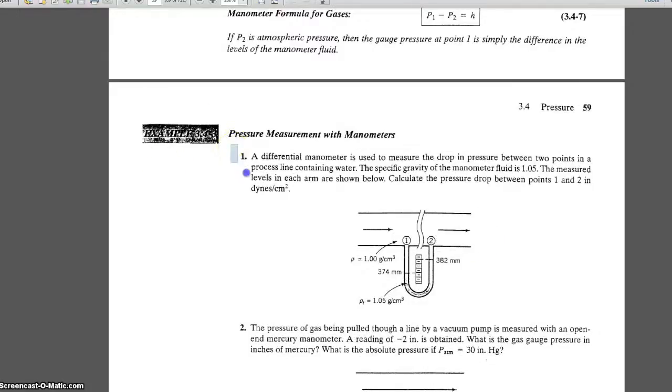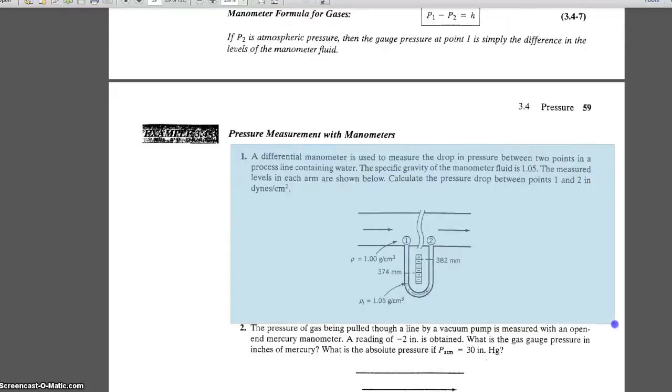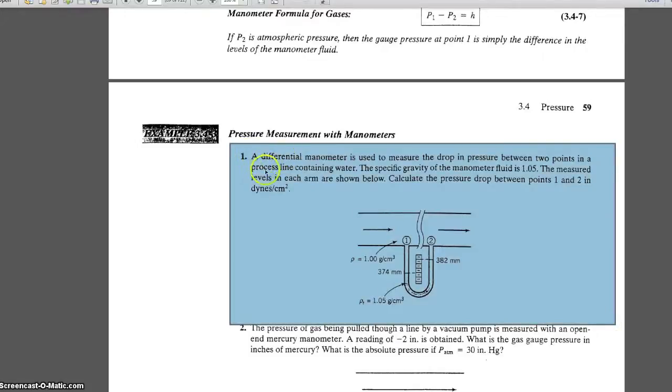So example 3.43, number 1. The question is, a differential manometer is used to measure the drop in pressure between 2 points in a process line containing water. The specific gravity of the manometer fluid is 1.05.